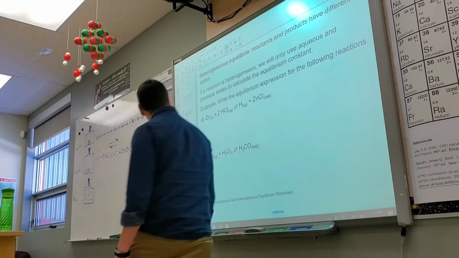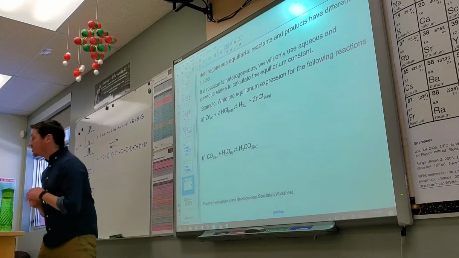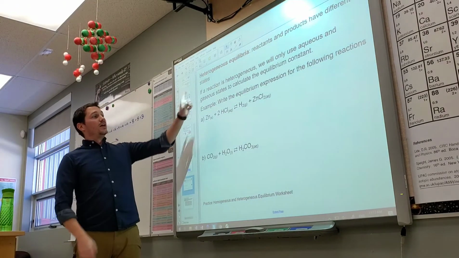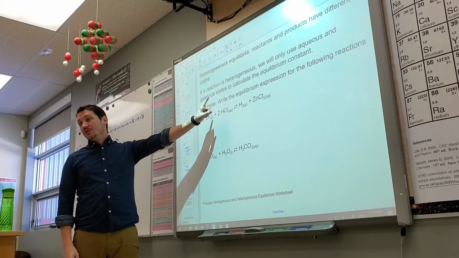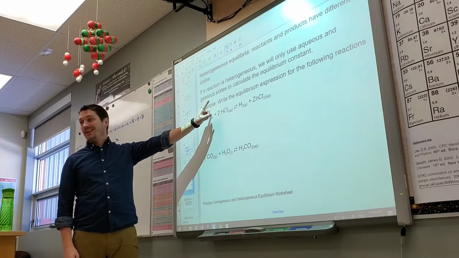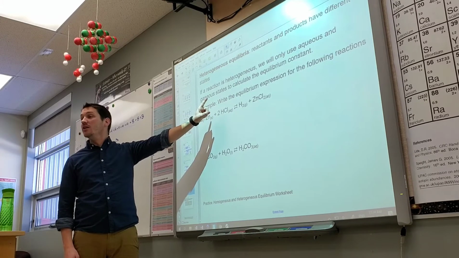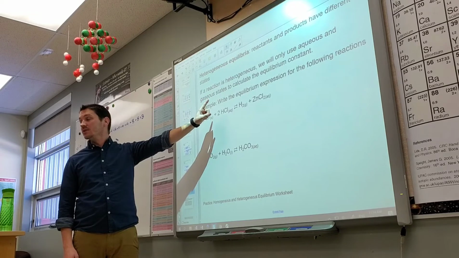Doesn't matter. Okay, heterogeneous reactions. If a reaction is heterogeneous, we only use aqueous and gaseous states in our equilibrium constant. Is that okay? We are not allowed to use liquids, and what else are we not allowed to use?